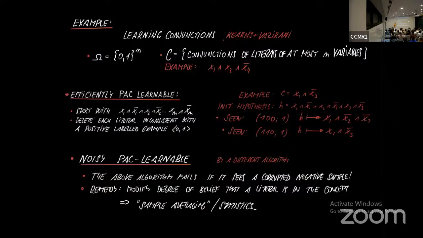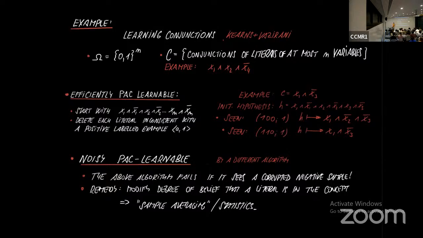Well, you can collect samples, and if you see some sample that says, hey, look, this literal is inconsistent with what I'm seeing, you will not delete the literal from your hypothesis, but you will just reduce your belief that the literal belongs to your target hypothesis. And at the end of the algorithm, you just threshold and keep everything that is above threshold. And this way, you actually make the algorithm robust to the label noise.